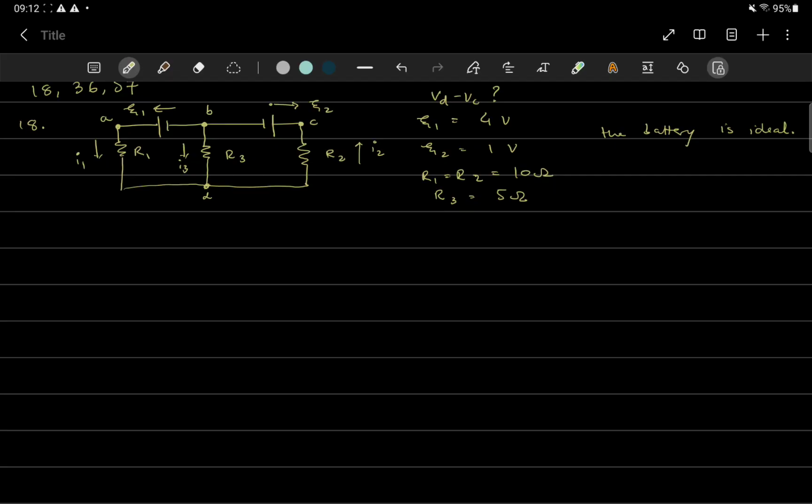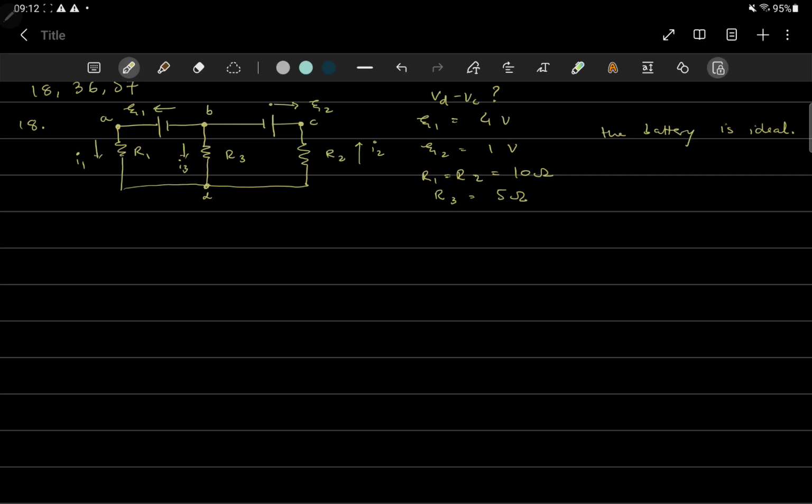So we're going to use three equations which are given in the book. We can use the current rule, where whatever ingoing current will equal the outgoing.